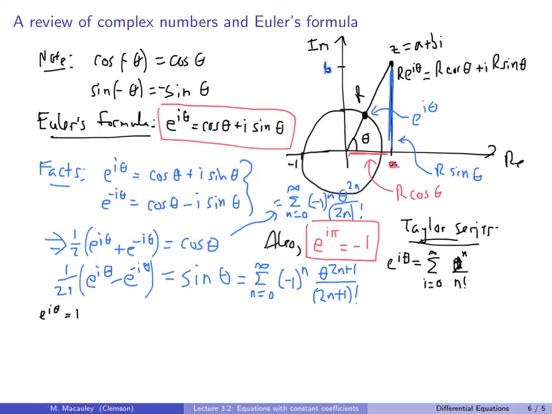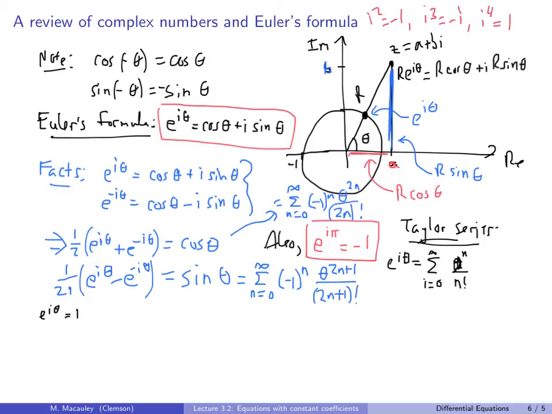Remember, i squared is -1, i cubed is -i, and i to the 4th is (-1) squared, so it is +1.